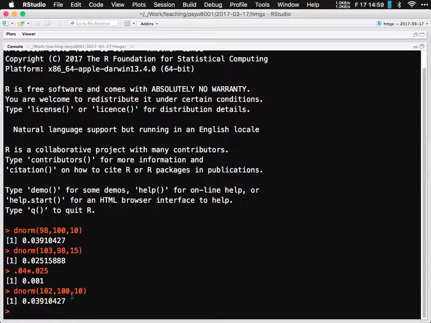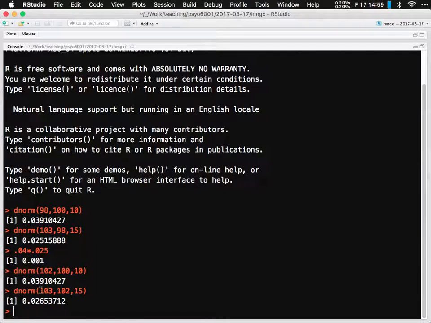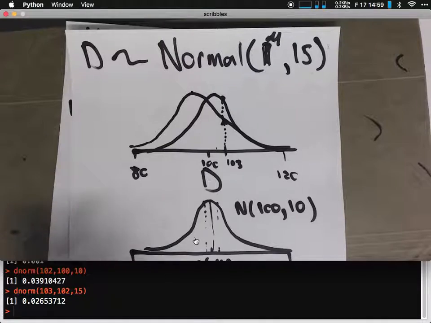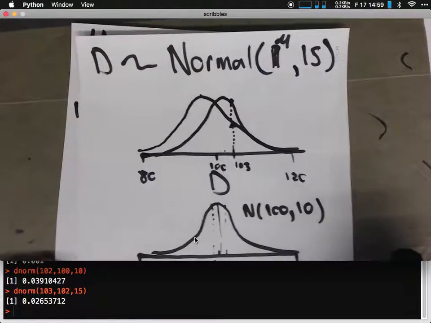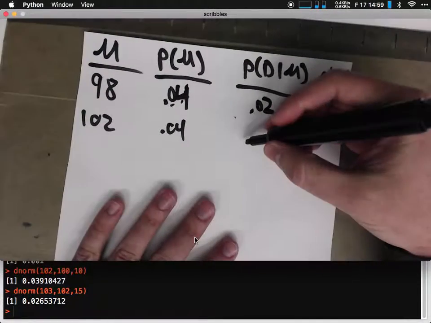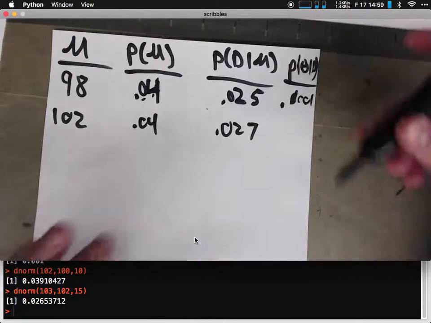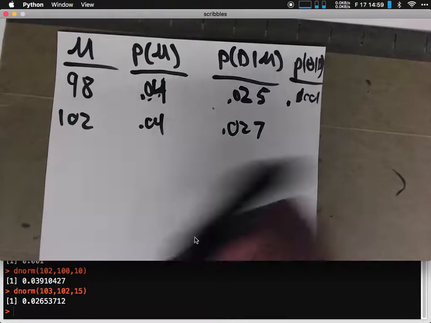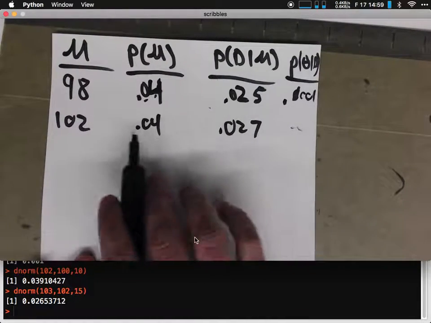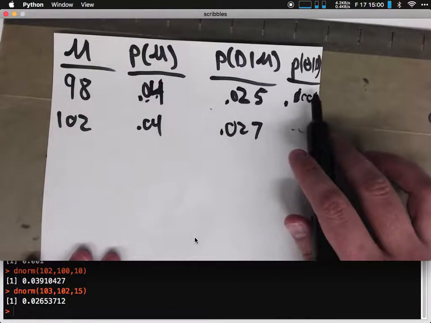So we can figure that out by looking at 103 when the mean is 102 and the standard deviation is 15. So 2.65, so let's round up to 2.7. Multiply those out, and that gives you some number that presumably is a little bit bigger than this number.